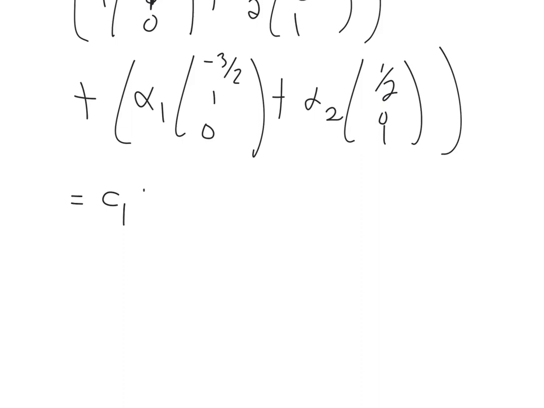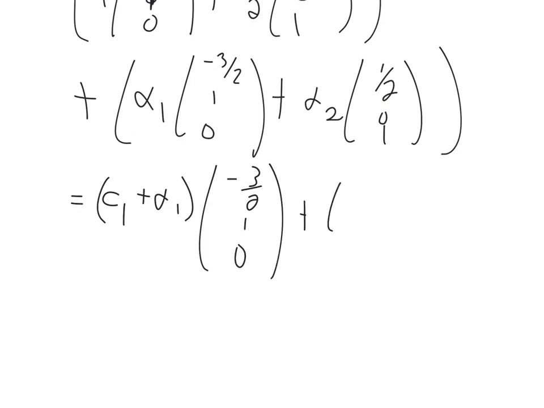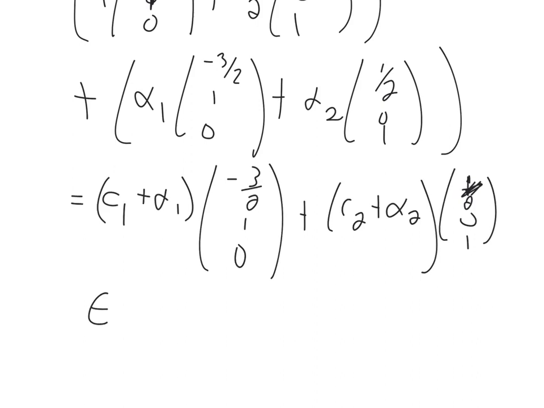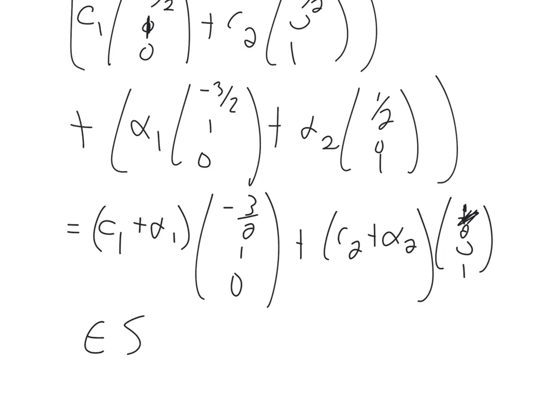I get C1 plus alpha 1 times negative 3 halves, 1, 0, plus C2 plus alpha 2 times 1 half, 0, 1. Sorry, this is a little sloppy here. This is just another linear combination of those vectors. It's just another thing in the set. So if I add two of them together, I get another one there. Pretty clearly, if I scale one of these linear combinations, I get another one there.